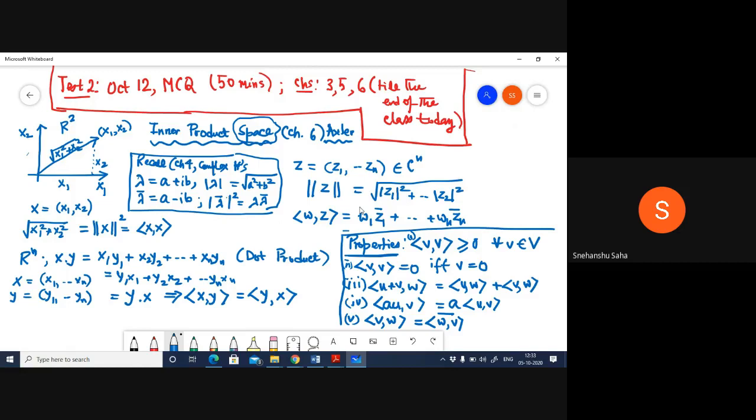There are examples of inner product spaces like something on the set of polynomials. It's better to give an example of an inner product space here itself. The inner product space could be finite dimensional, it could be infinite dimensional as well.